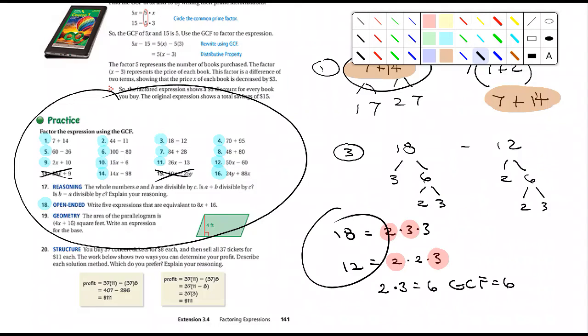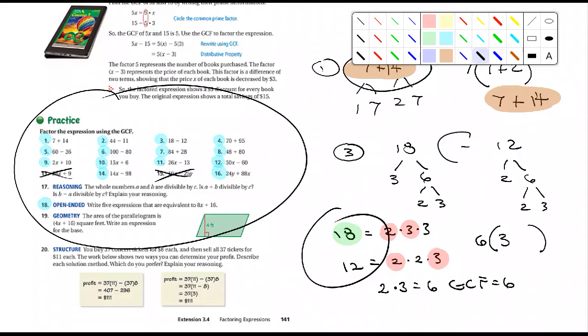Now, we're still not done. All we did is figure out what's going to go on the outside of the parentheses. Now you need to look at 18, for example. What times 6 equals 18? 3.